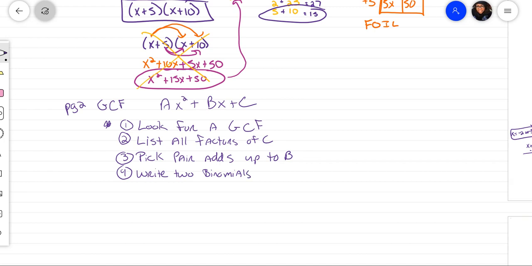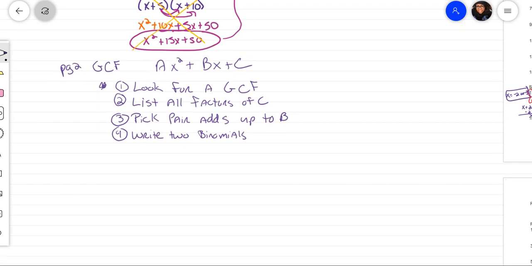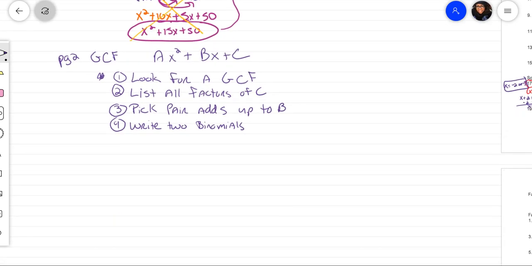All right, so here we go for the second type of factoring. If we have a GCF, the problem's going to look a little different. You'll see something like this.